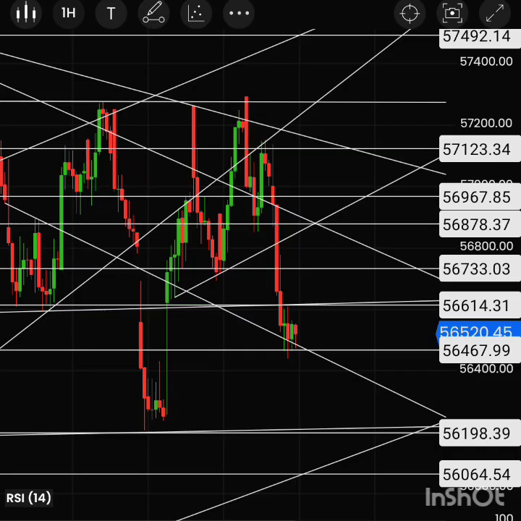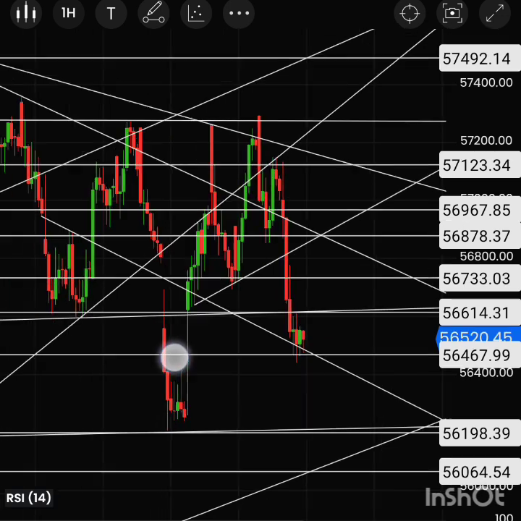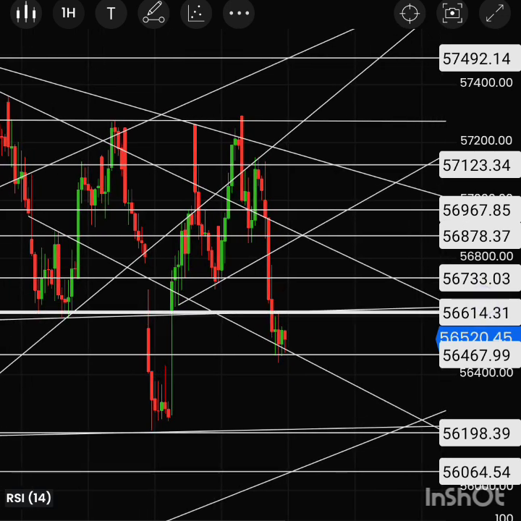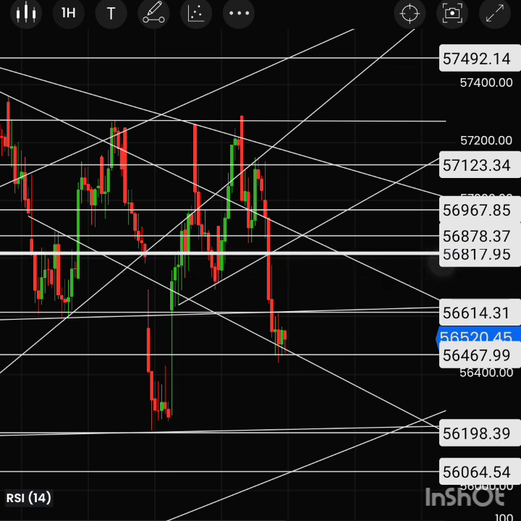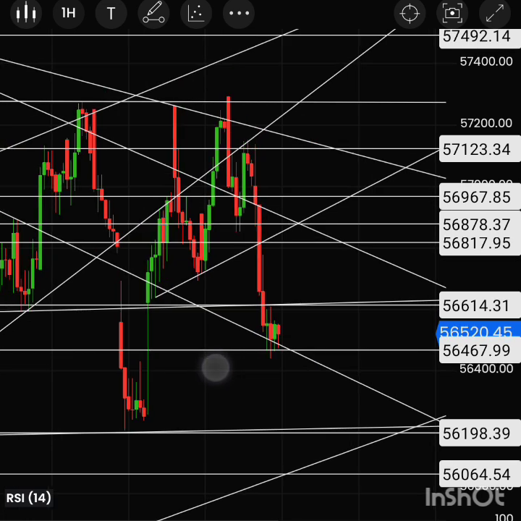You can see the Bank Nifty. I already mentioned we are at a support here. If this one breaks, we will have a downside movement, and clearly this is almost like an M pattern here, and we got a breakdown here. That means the 56,820 range. That one is also a little more bearish, and we closed below, that is below the 56,620 range. We are in a negative trend.